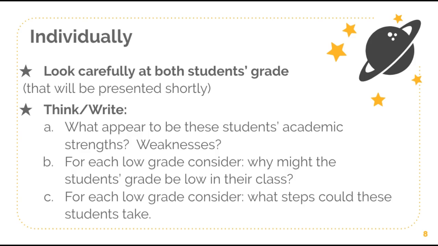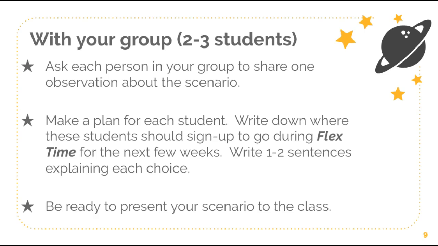For each low grade, you may want to consider why the students' grades might be low in their class. What are the possible reasons? Is it missing work? Is it not understanding? Is it just not doing the homework? For each low grade, consider what steps these students could take to improve in the class.